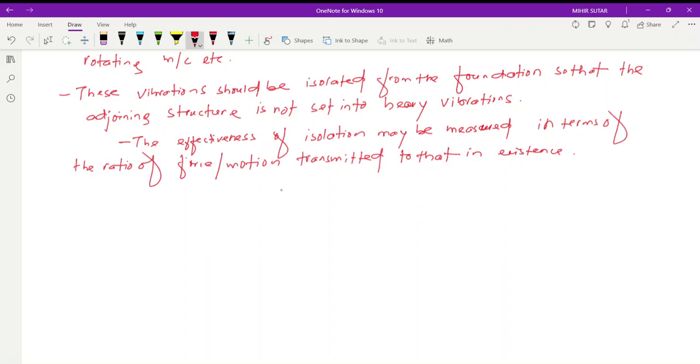Means basically the effectiveness is calculated by means of a ratio of, if at all we are considering the force, how much force is transmitted through the base and how much force is in existence. Similarly, in motion case, how much motion is transmitted through the base through the isolation process and how much is left in existence.